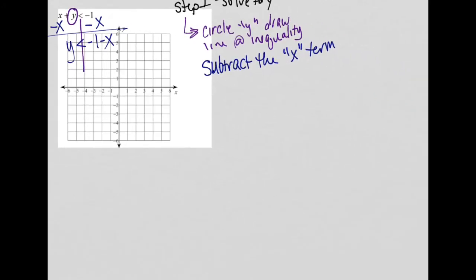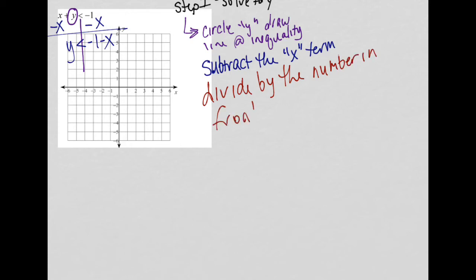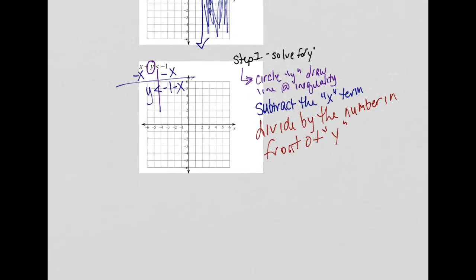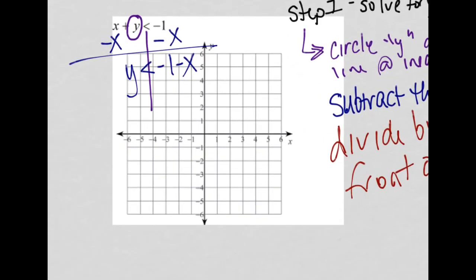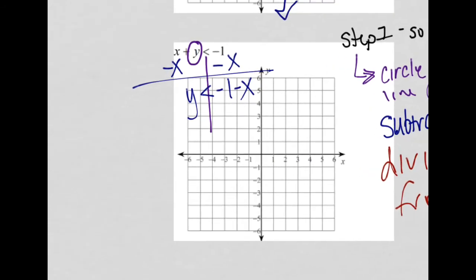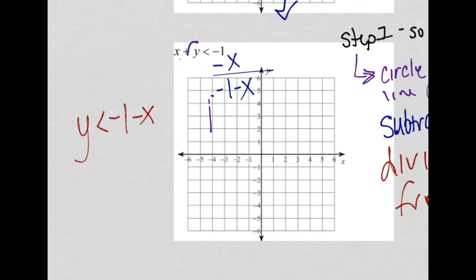If y has a coefficient, you would then divide by the number in front of y. My number in front of y right now is a +1, which is the number I want it to be. So I'm going to rewrite my equation right here, and I'm going to erase this so that we can graph.